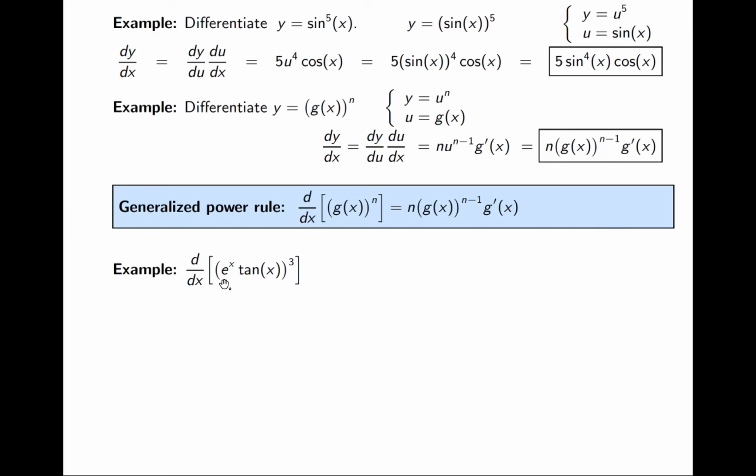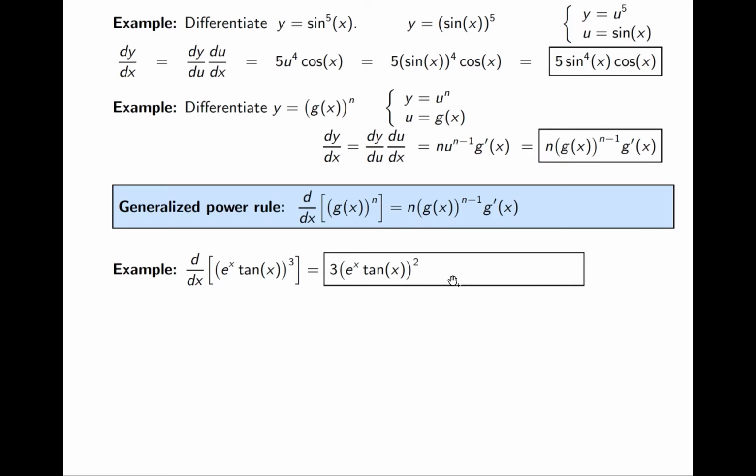Here g of x is this function and n is 3. So according to this template for the generalized power rule, we're going to get 3 times our function g of x to the power of 3 minus 1, and then we have to multiply by g prime of x.